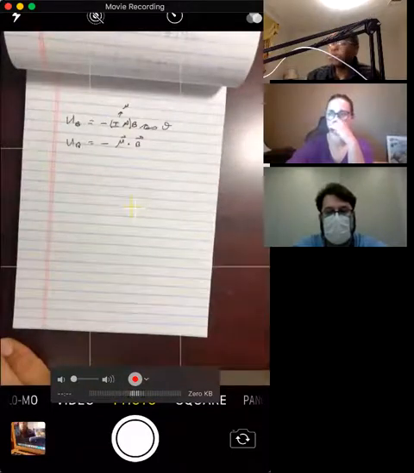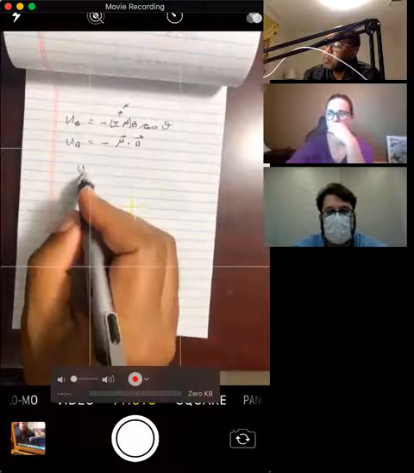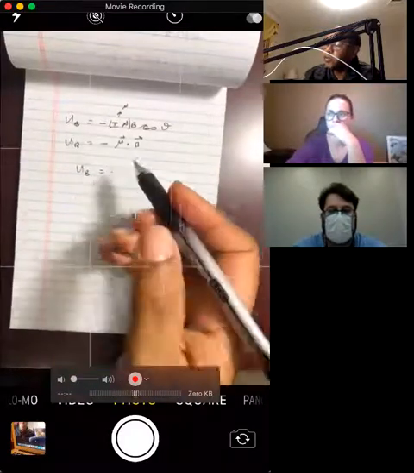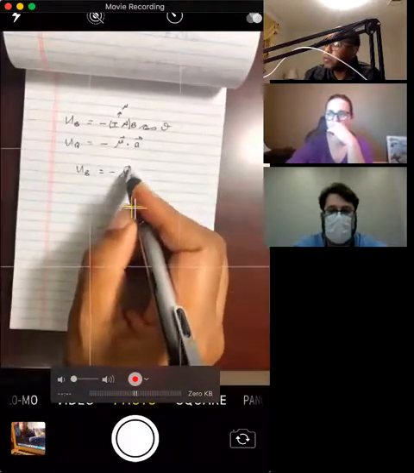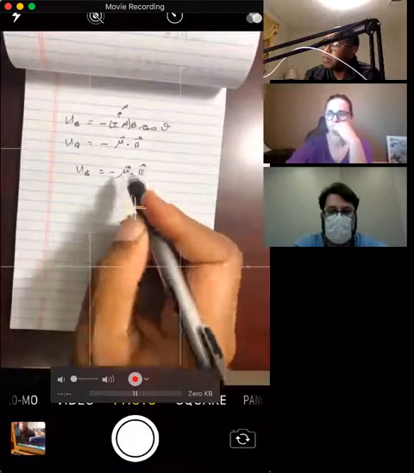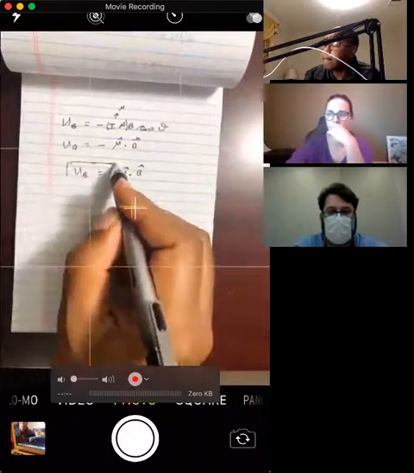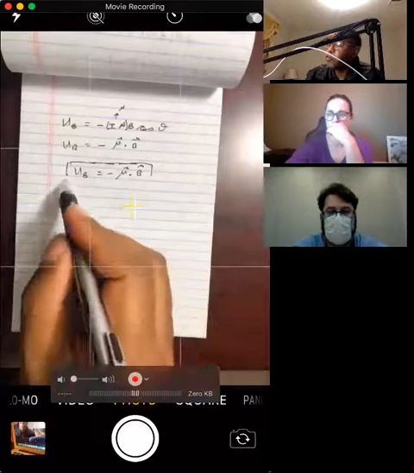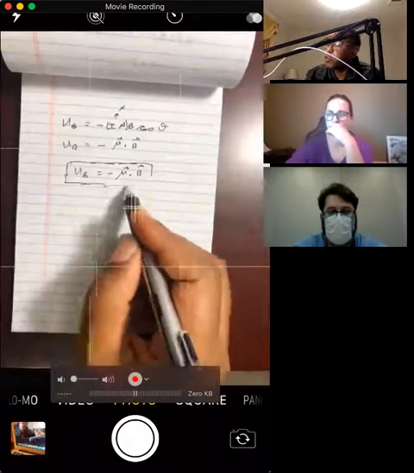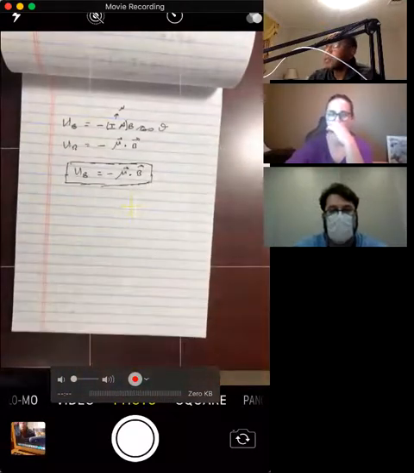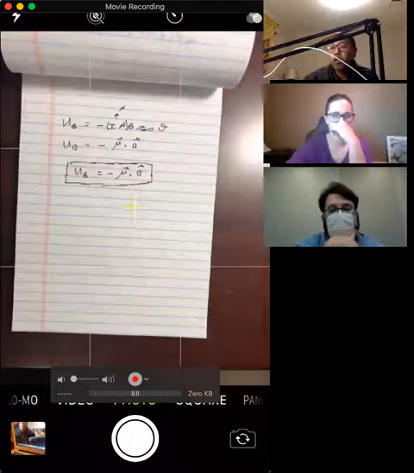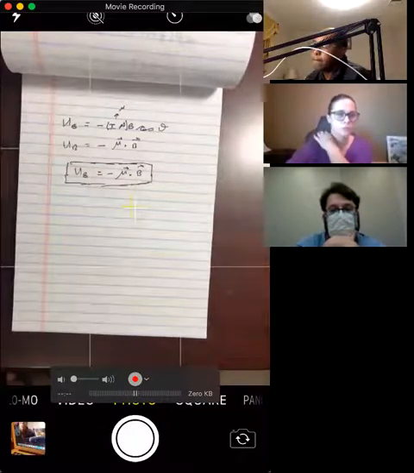So this is a formula for magnetic potential energy. Magnetic potential energy is the negative of the dot product between the magnetic moment and the magnetic field, okay? So this is a formula for the amount of energy stored by a loop in a magnetic field, okay?